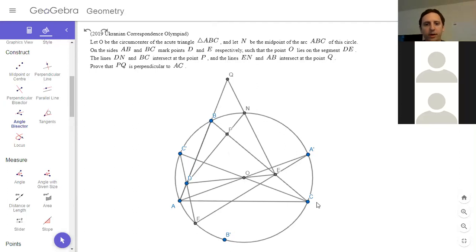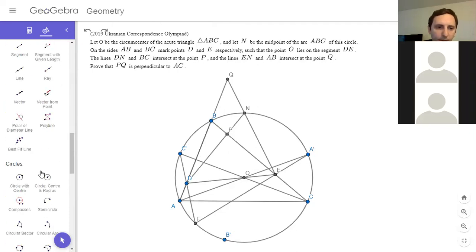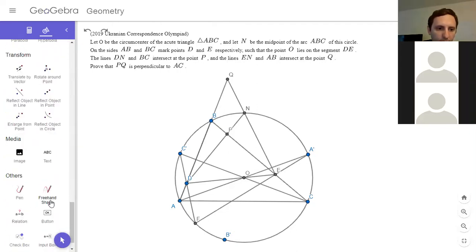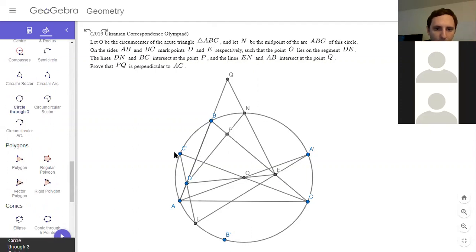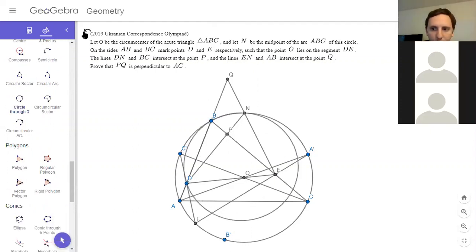I think that's kind of what I've been leaving out. Somehow we have to use that fact. So, yeah, I don't think BNBE is cyclic. I think I did that already, but I'll just check it one more time. But yeah, how do we use that N is the midpoint of arc ABC?